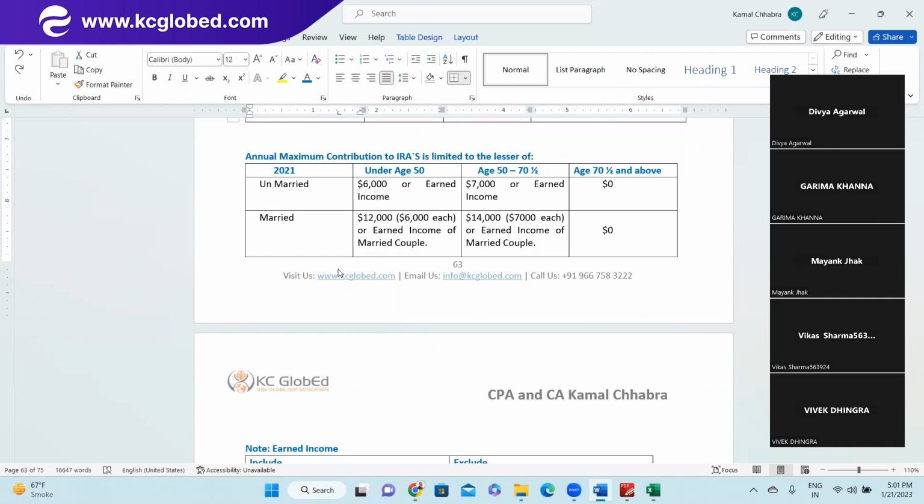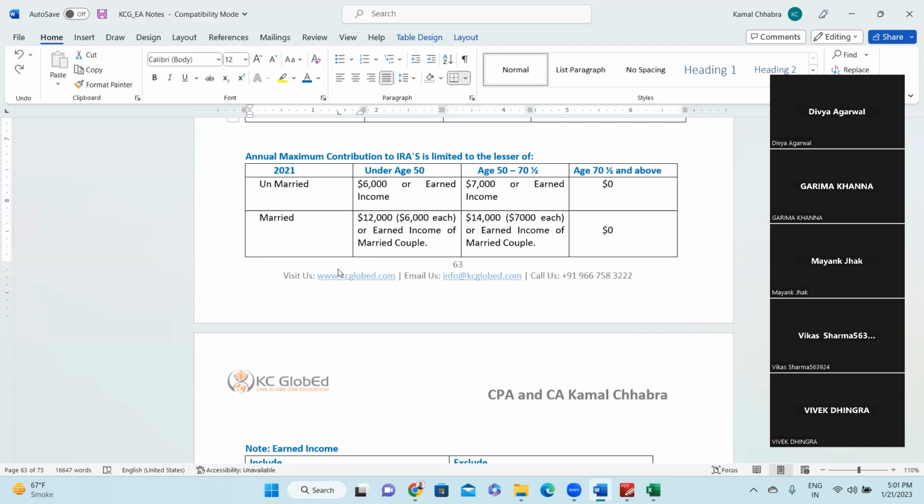So first one is for unmarried. Unmarried people can contribute up to $6,000 or the earned income, whichever is less, right? And the age bracket group of 50 years to 70 and a half, they can contribute $7,000 or the earned income, whichever is less, right?